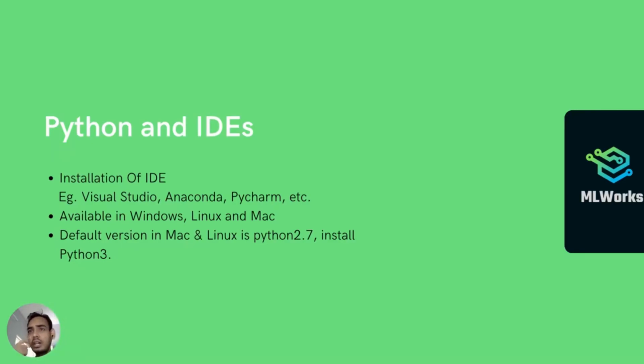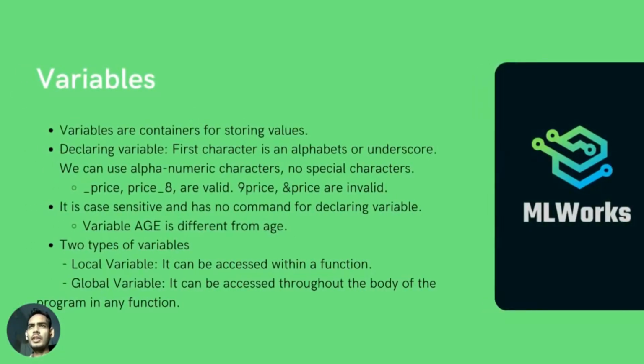These three IDEs are available on all OSs like Windows, Linux, and Mac. By default, Mac and Linux come with Python 2.7, so you might have to upgrade to Python 3, like 3.7 or 3.8, whichever you want, because we'll be working on Python 3 here.